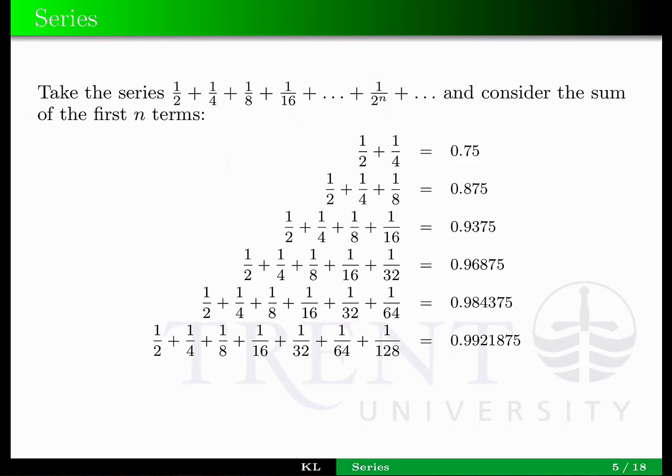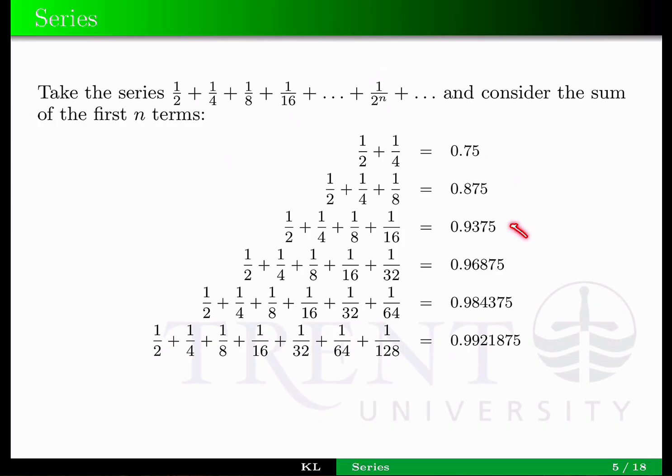If we consider these first two sums here, notice that the difference from the first sum going to this sum is roughly 0.125. And then from this sum going to this sum, notice that the difference becomes smaller. It's roughly 0.06 something.